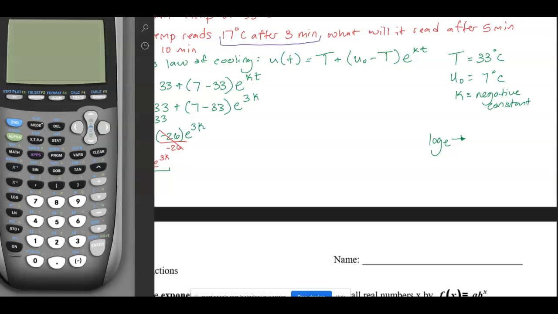Someone already said it. I believe it was Ellen. Ln represents the natural log, right?